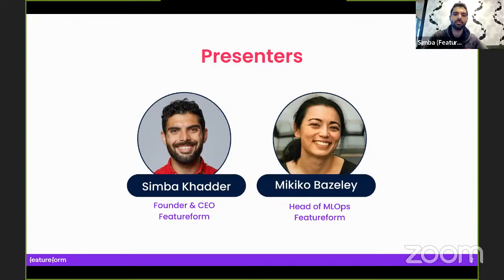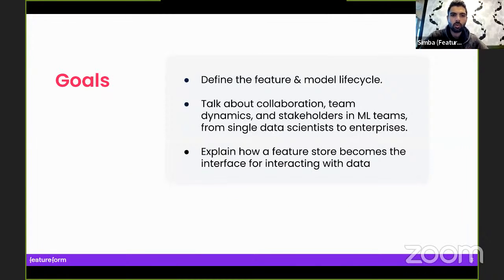We'll hop right in, like Makiko said. Our goals today: when you leave this webinar, you should have a clean understanding of at least one way to think about the feature model lifecycle end to end, a way to think about how team dynamics, collaboration, and stakeholders change as teams go from having a single data scientist to a full-on enterprise data science function.